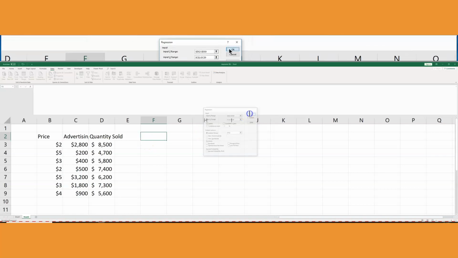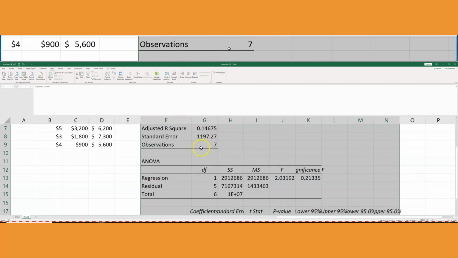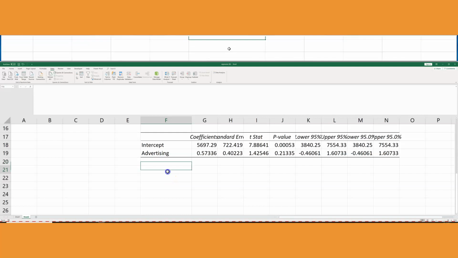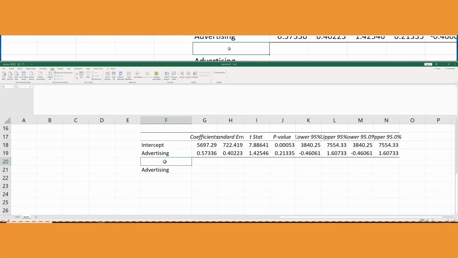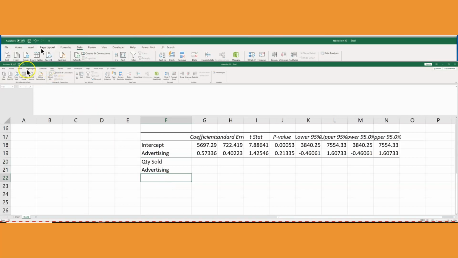Okay, so I'm going to do it, and notice that again, I could build the model directly here. If I wanted to put, let's say here, the advertising, I could even steal the word from here. So equal, notice here, and I could say here the quantity sold, and I could put that value for the advertisement here.